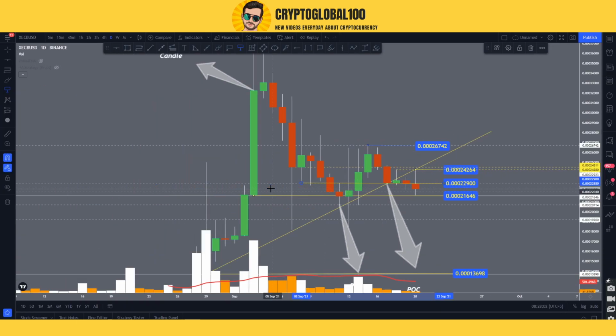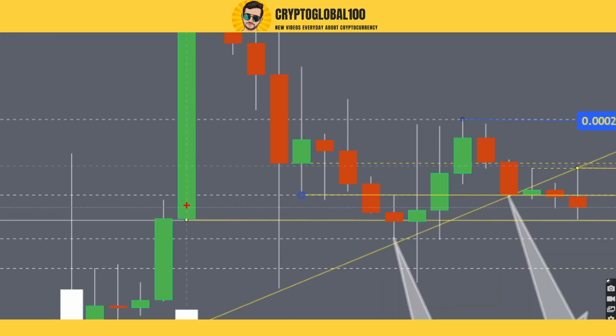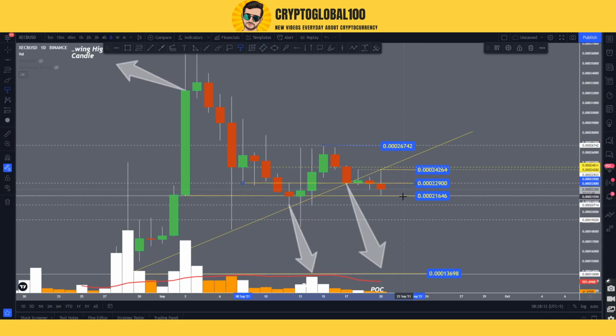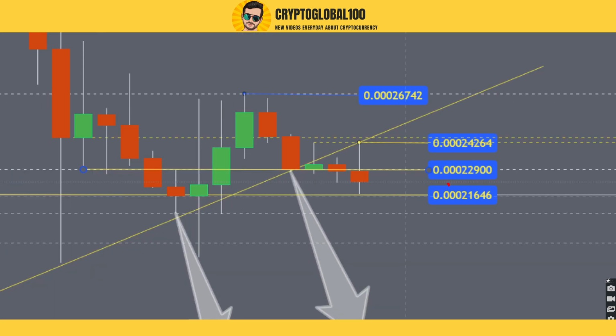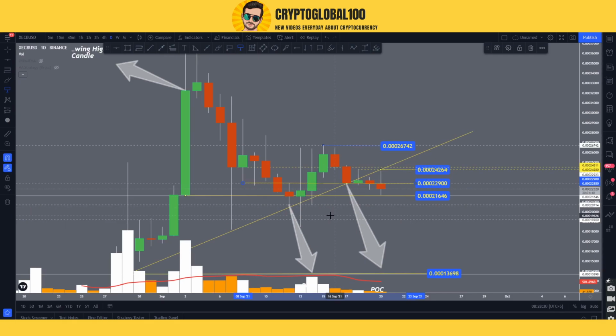What is required next? Now you can see this was a bullish pump, a single candle pump. We need more candles. We need some consolidation with the strong buying as well. So if we break below, guys, if we have a candle closing below 21646, then the price is gonna retest this. You can call this the swing high, but I'm gonna call this the swing low.